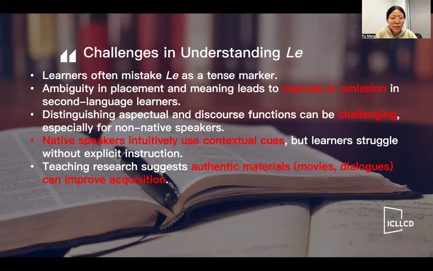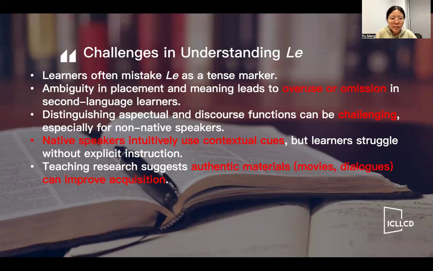Because le has different functions, different meanings, and different structures, it poses some challenges for language learners. Learners often mistake le as a tense marker, but as mentioned before, it's not only a tense marker, it's a perfective aspect marker. Ambiguity in placement and meaning leads to overuse or omission among second language learners.